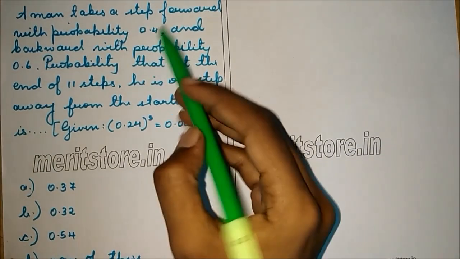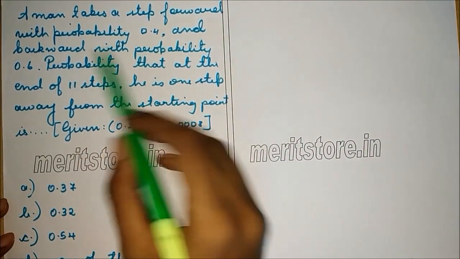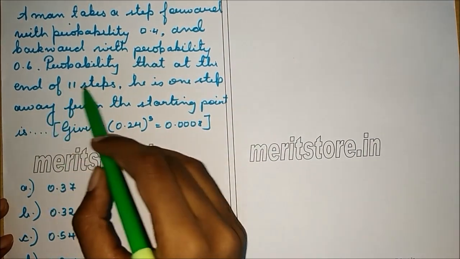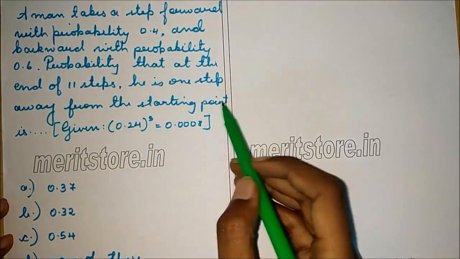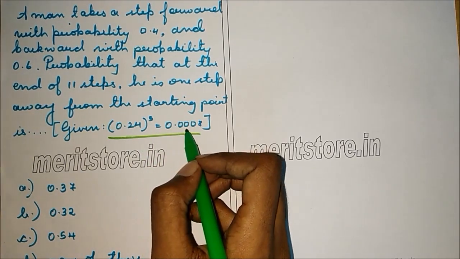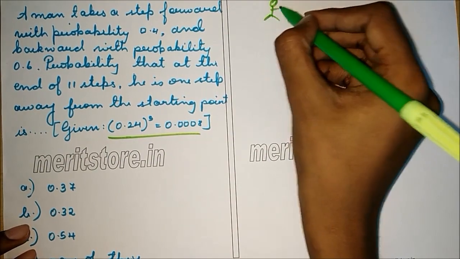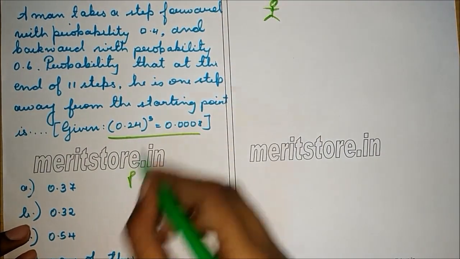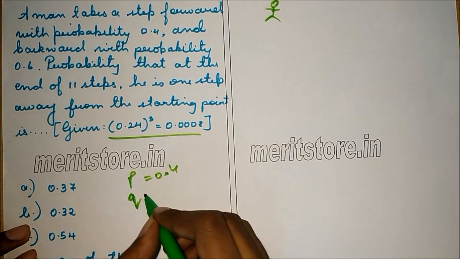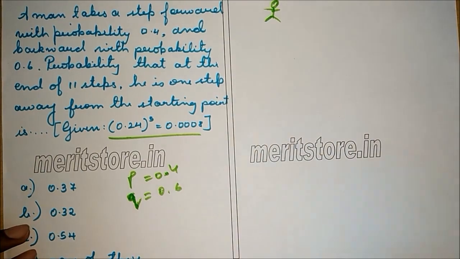Next question is, a man takes a step forward with probability 0.4 and backward with probability 0.6. The probability that at the end of 11 steps he is 1 step away from the starting point is, it is given that 0.24 to the power 5 is 0.0008. So it is given that a man is moving and the probability of moving forward is 0.4 and the probability of moving backward, which is q, that is 1 minus p, is 0.6.